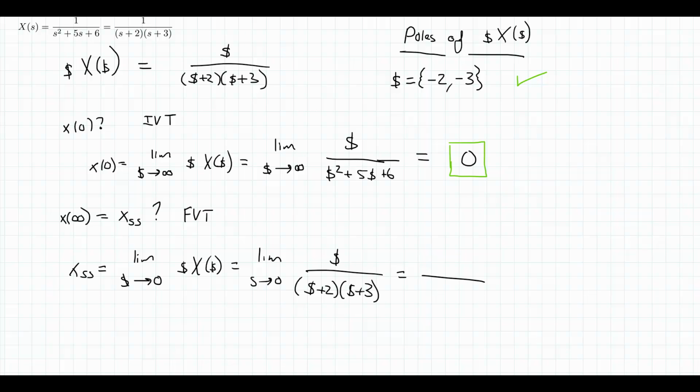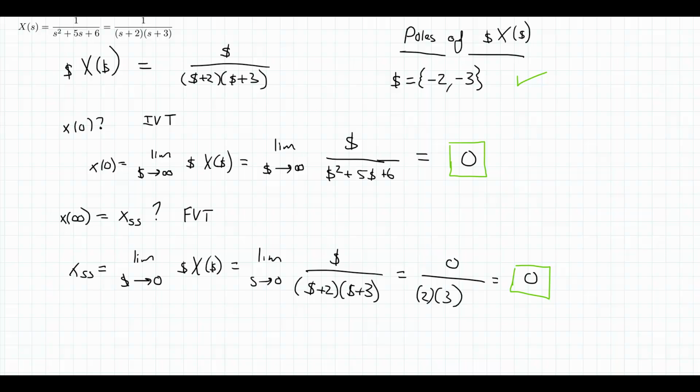So if we do that, the numerator is going to be 0. And then in the denominator, we're going to have 2 and 3, because I have 0 plus 2 times 0 plus 3. But in the end, it's not going to matter. Because the numerator is 0, I get a 0 here as well. So it turns out this one is not terribly interesting in that it starts at 0 and ends at 0.